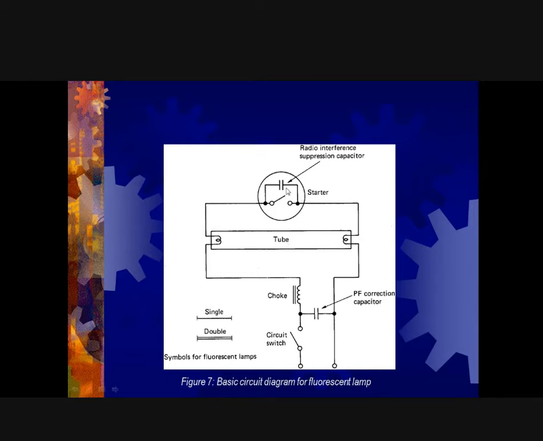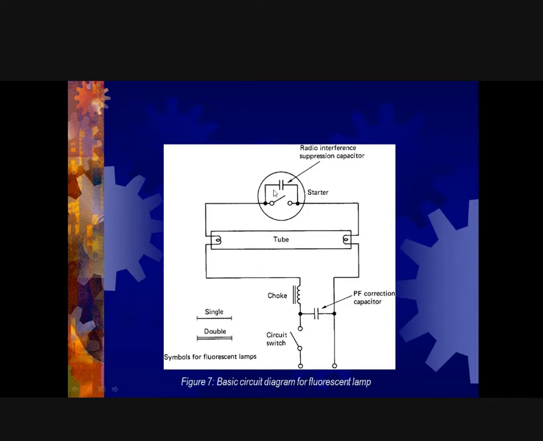Here we have the starter, for persons who are aware. If it's an electromagnetic fluorescent lamp, the starter is really that little metal casing, cylindrical in nature, that normally sticks out on either side of the fixture. For some lamps, it's placed inside the fixture. For some, you can access it from outside.